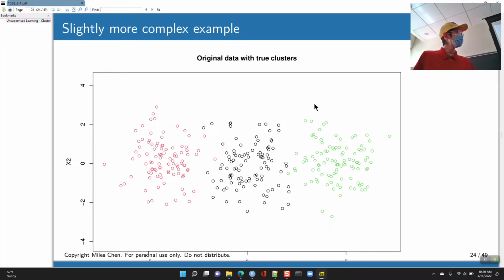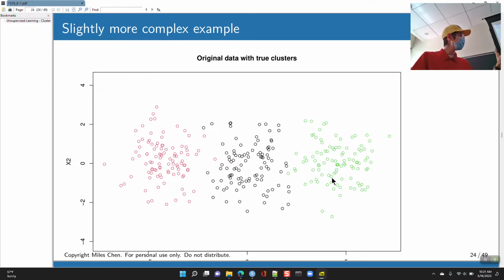So here, I generated 3 clusters of points using random multivariate normal. I generated some points over here, some points over here, and some points over here. Again, the idea is when you're presented the data, none of it's labeled.